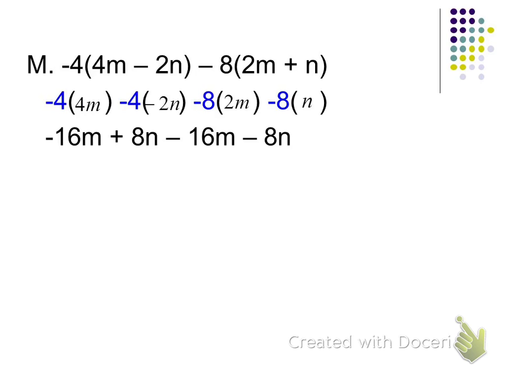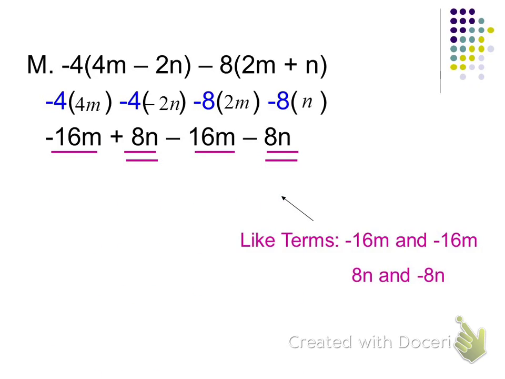Now, what are my like terms? Yeah, -16m minus 16m. What does that give me? -32m. Good.